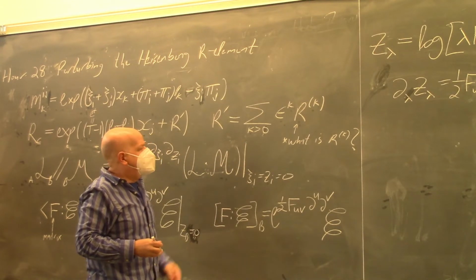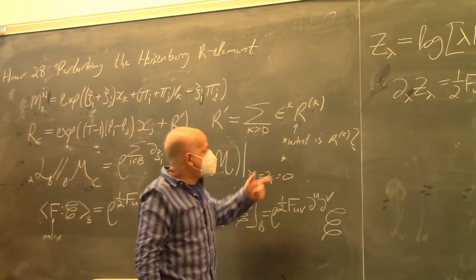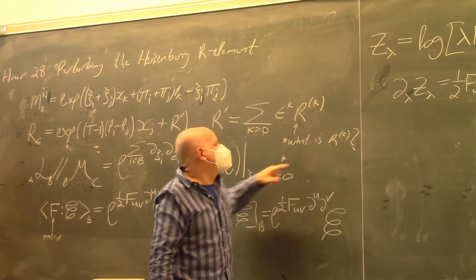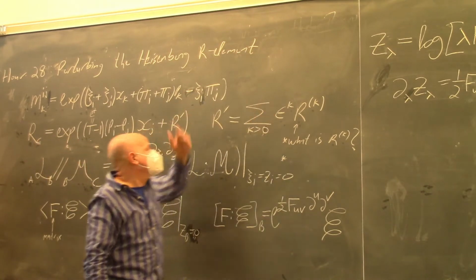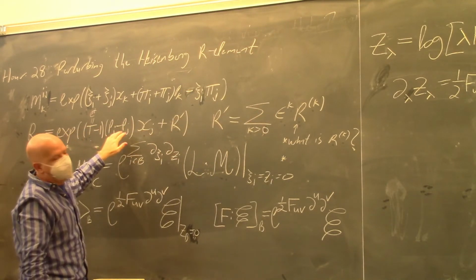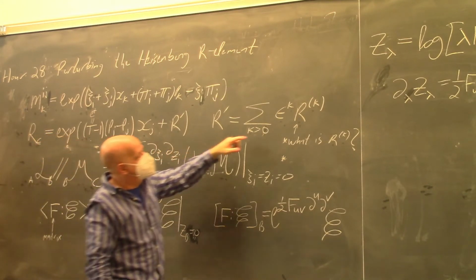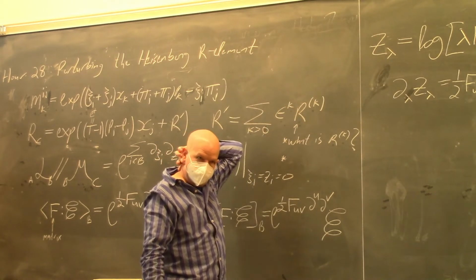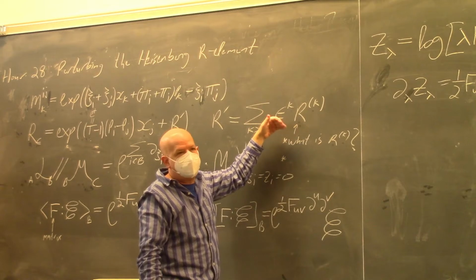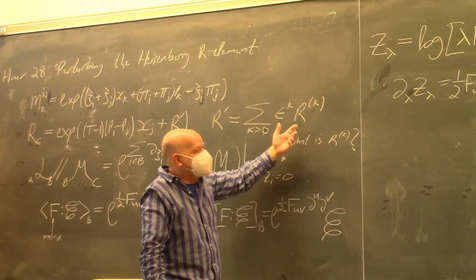And even before that, if R up k is allowed to be an arbitrary polynomial or power series in the variables that I'm allowed to use, so the x's and the p's, then the space in which Rk lives will be infinite dimensional, and then I'll have a very hard time solving for it or finding it.